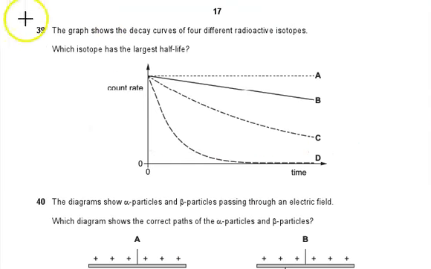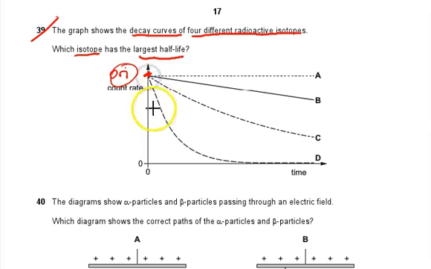Okay, number 39. The graph shows a decay curve of 4 different radioactive isotopes. Which isotope has the largest half-life? So if you look here, this is the original. When it reduces to half, let's say this is half of the original, N0/2.